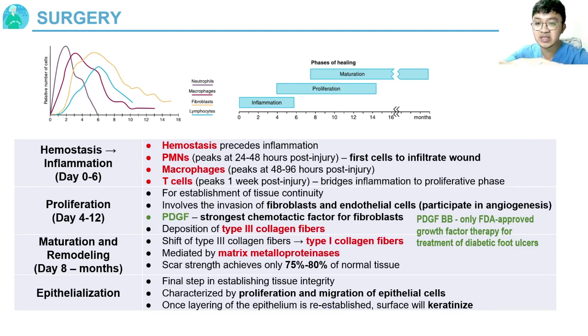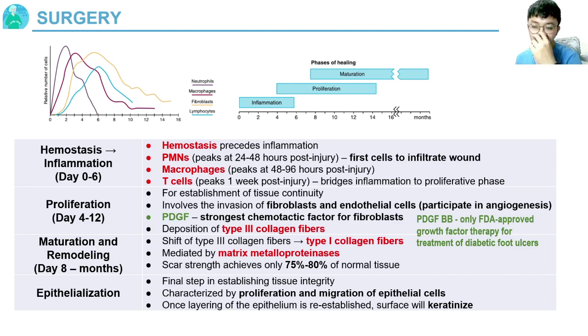So these type 1 collagen fibers are going to get degraded and reapplied by way of your matrix metalloproteinases, and this is what you call remodeling. It's important to remember that after a scar remodels, the strength of the tissue only approximates 75 to 80% of what it was before it was injured.